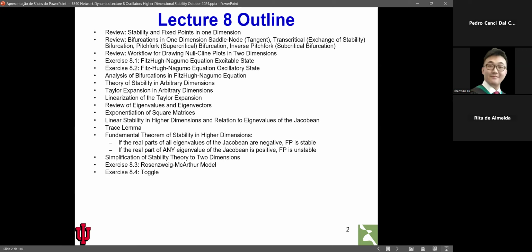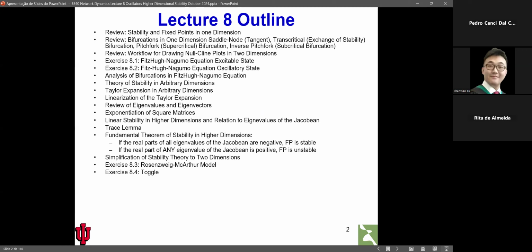And this is an important thing because the FitzHugh-Nagumo equation for the oscillatory state can be a kind of archetype to understand when these equations will lead to an oscillatory state. And then we start the analysis of the bifurcation in the FitzHugh-Nagumo equation, because what you saw was in 1 dimension.